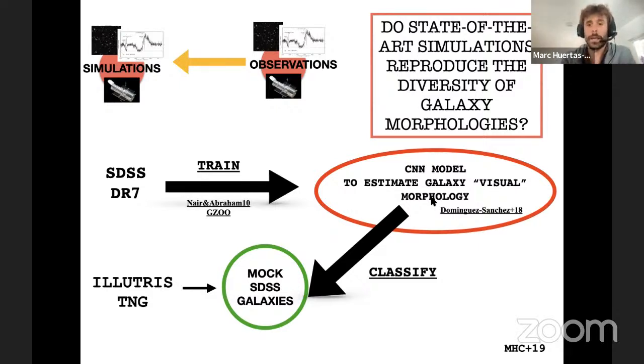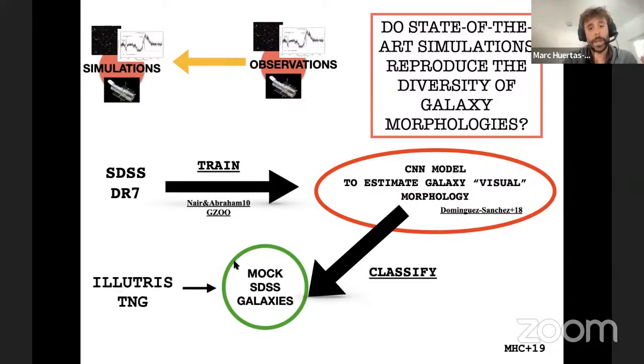You can do this in more or less detail, going to the bar level or just getting global morphologies. And then what we can do is mock simulations from the TNG cosmological simulation.